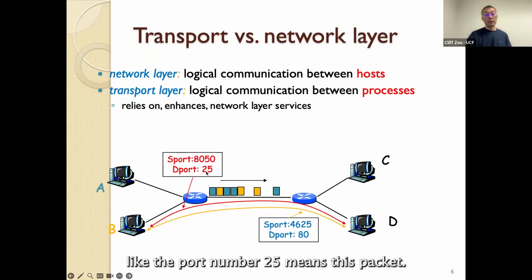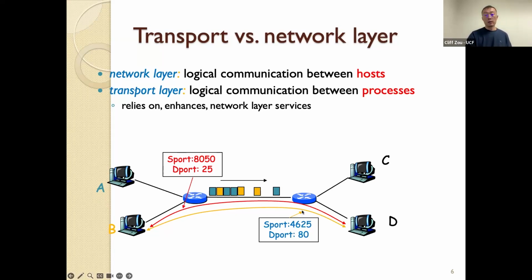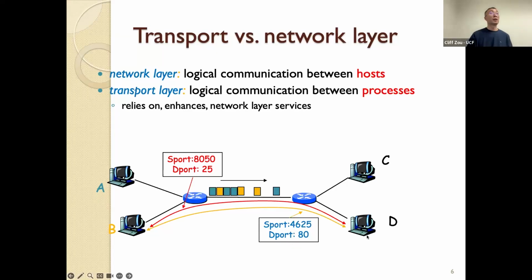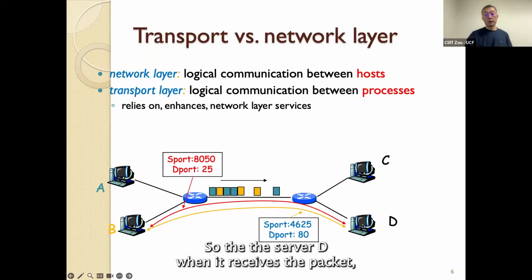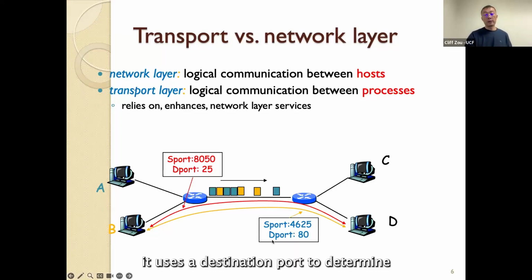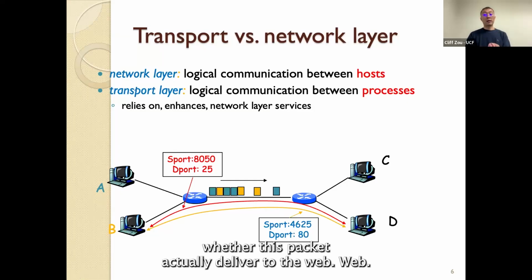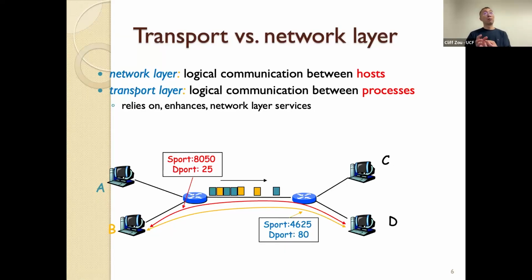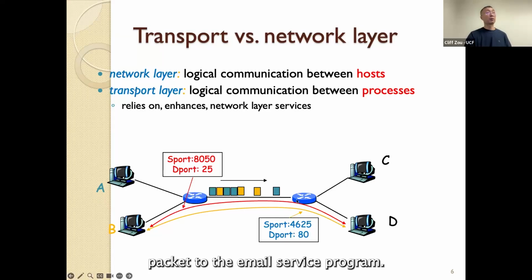Like port number 25 means this connection is for email service. Port number 80 means this TCP connection is destined to the web service. So when server D receives a packet, it uses the destination port to determine whether it should deliver this packet to the web service program, or to the email service program.